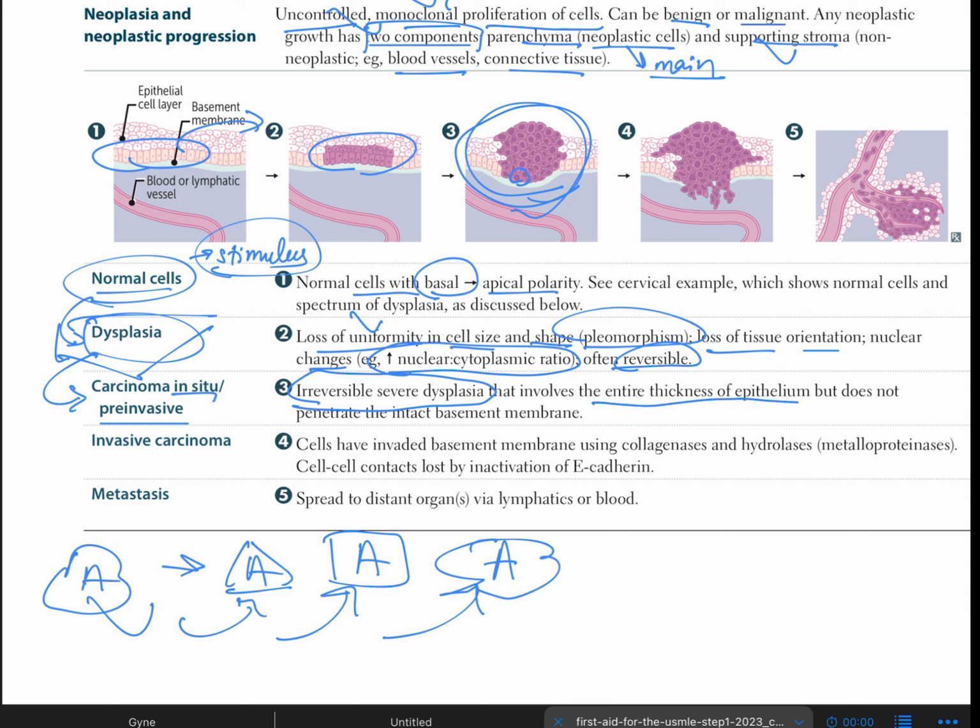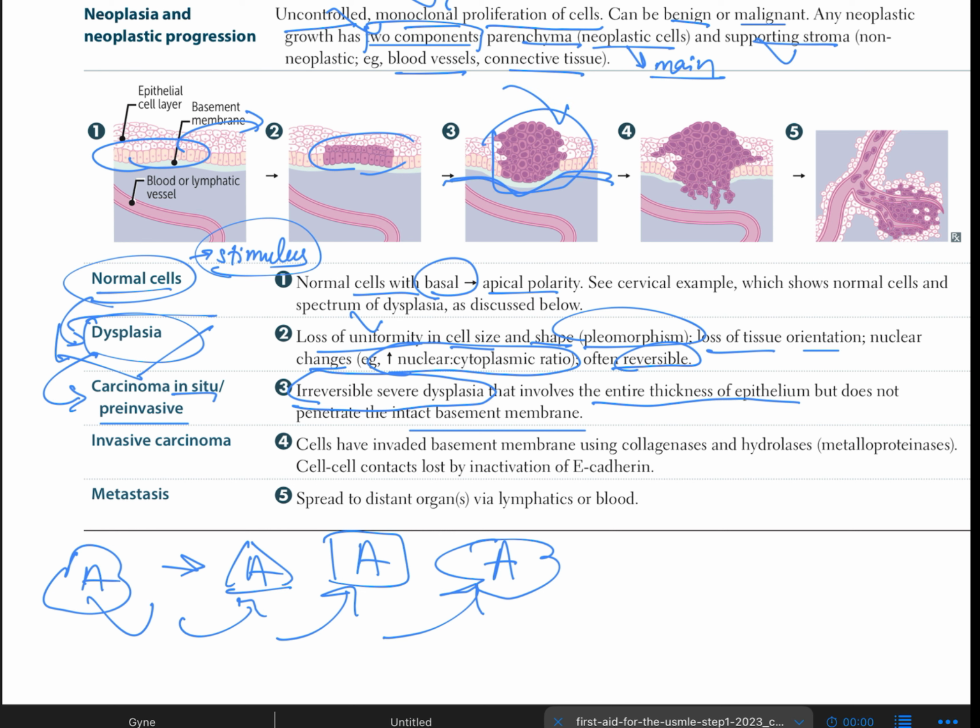It involves the entire thickness of the epithelium but does not penetrate the basement membrane. The basement membrane will be normal. If you check, the basement membrane is normal and not harmed. In carcinoma in situ, the entire thickness of the epithelium is affected, but the basement membrane is normal.